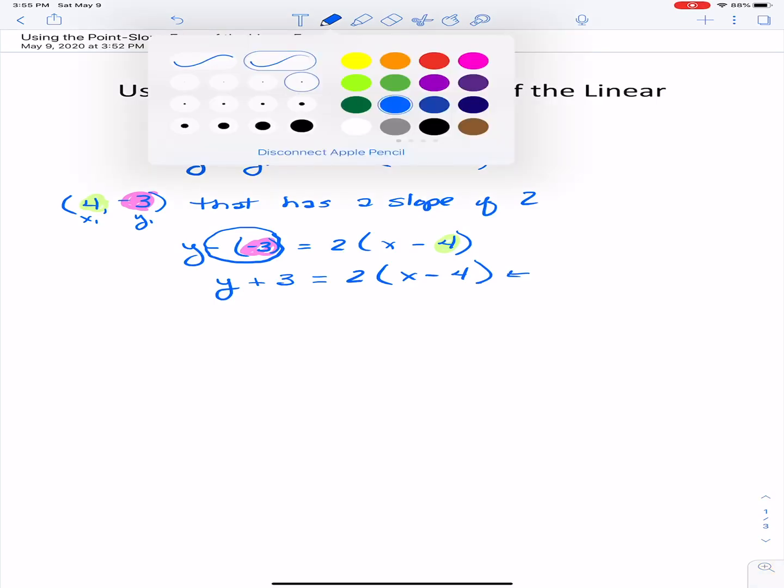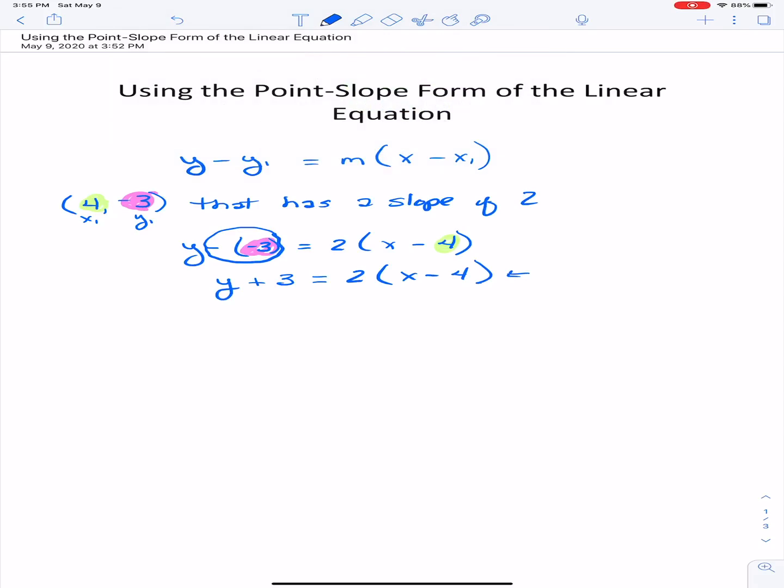So leave it here if your directions say write a point-slope form equation. So leave it here. Now we're going to use this equation to write it in the slope-intercept form. So y plus 3 equals 2 times x minus 4.